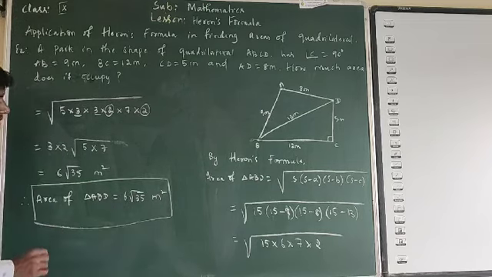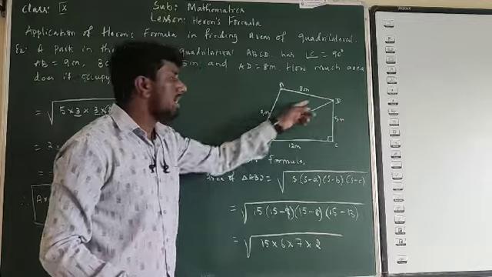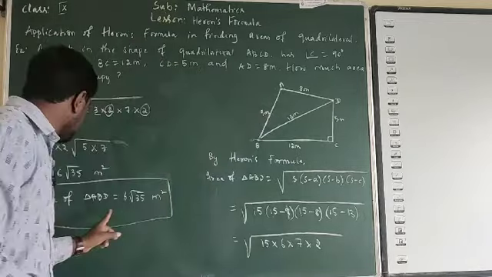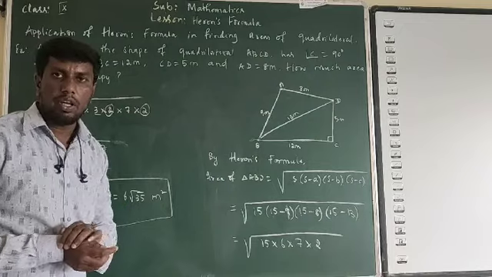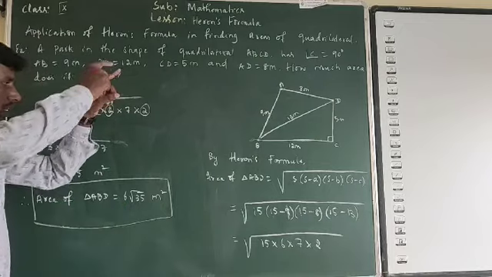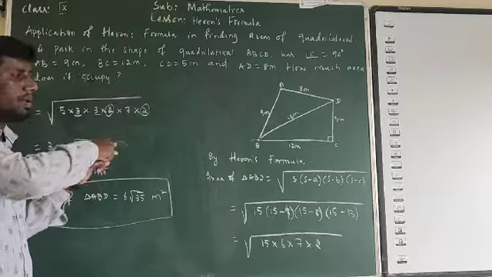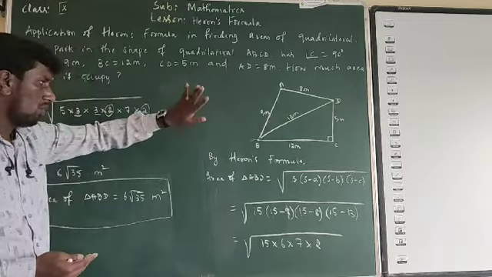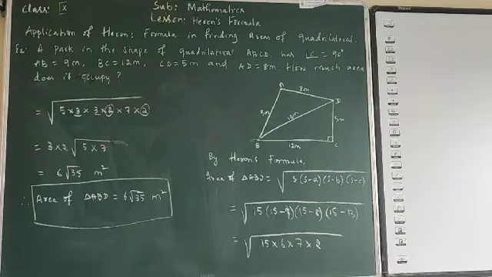So we got the area of triangle BCD is 30 meters square and the area of triangle ABD is 6 square root of 35 meters square. So in order to get the total area of ABCD, we should add the area of this and the area of this. Correct? So we'll add this now.